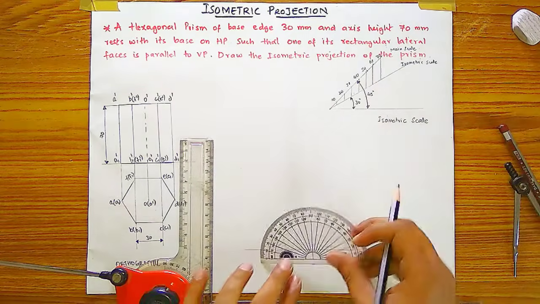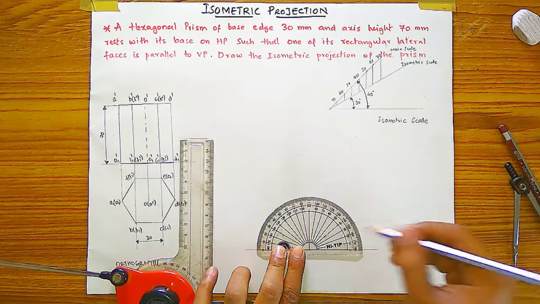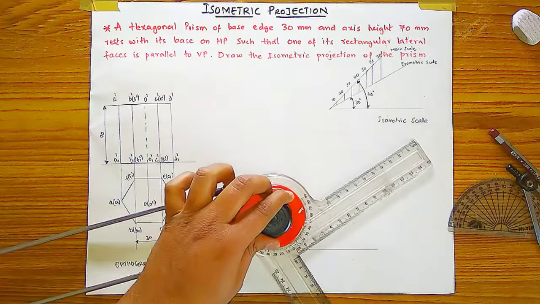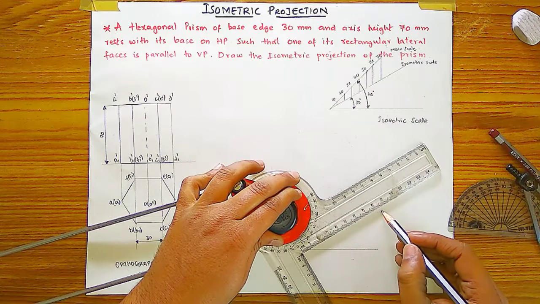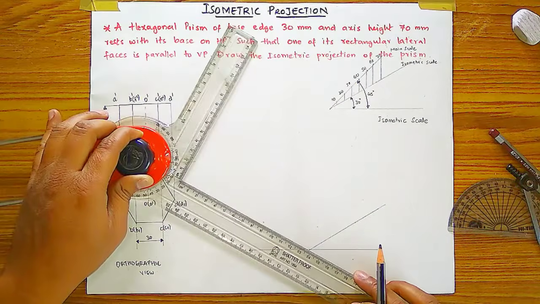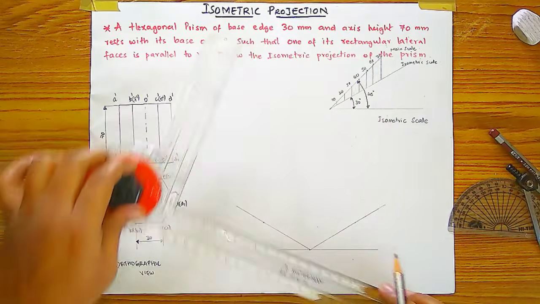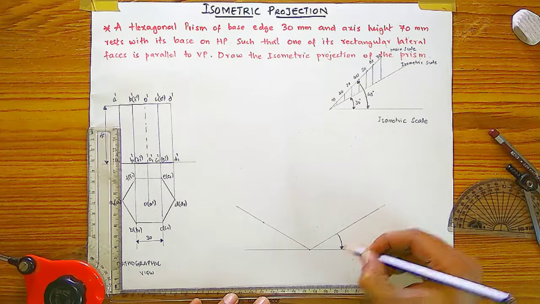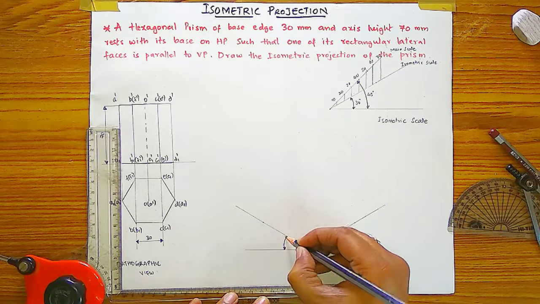Then keep your protractor like this and measure an angle of 30 degrees from here, and from here 30 degrees, and draw a line from that point, 30 degree angle lines, like this, from here and from here also. Take a convenient length, as much line as you want. Then show the angles you have drawn, 30 degrees from here and 30 degrees from here.